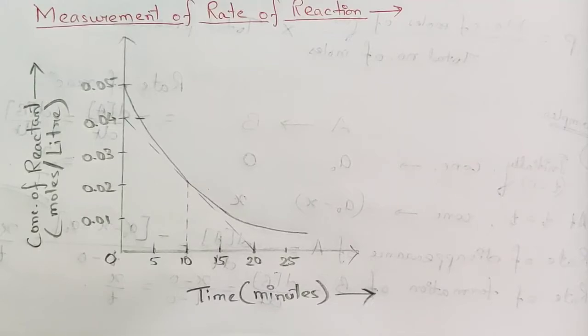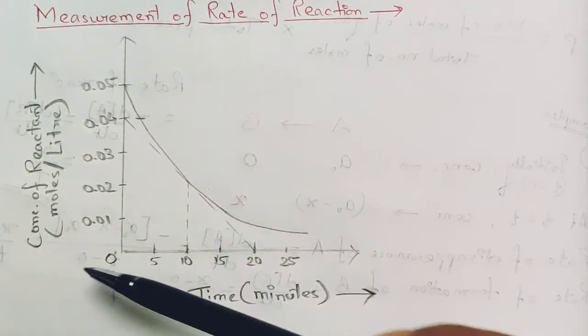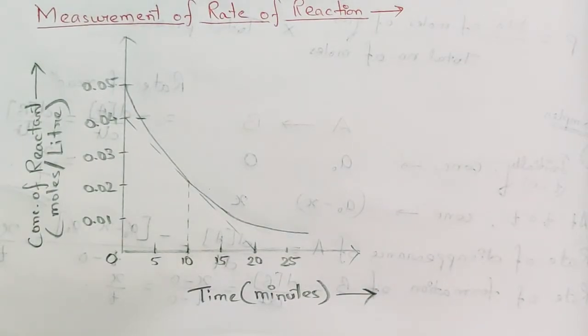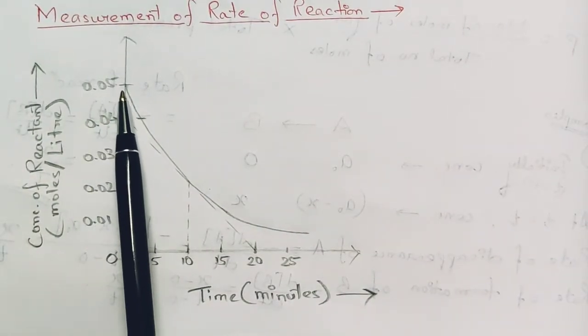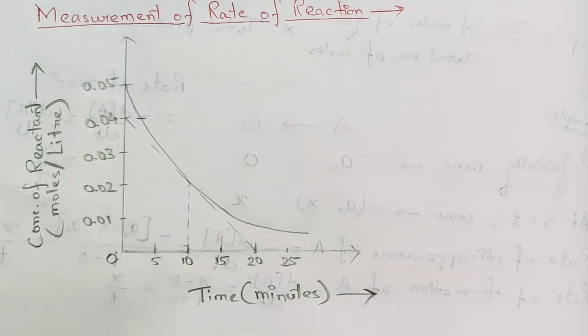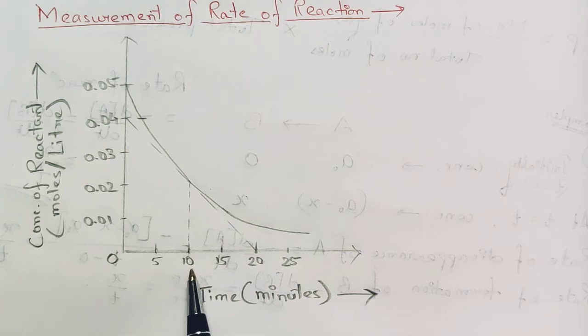Look at this graph. This axis shows the concentration of the reactant, and this is the time in minutes. This point is the initial concentration of the reactant, that is 0.05 moles per liter. Suppose we want to get the rate of reaction at time 10 minutes.